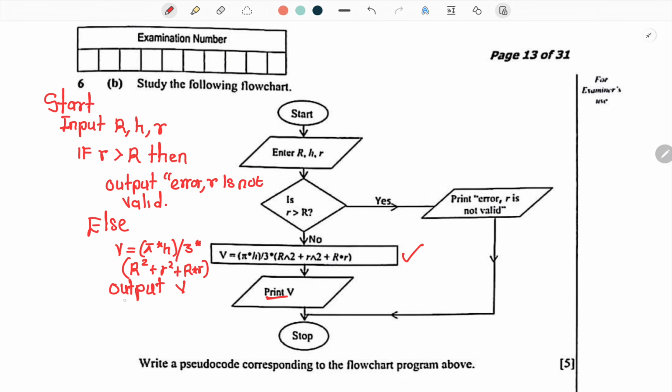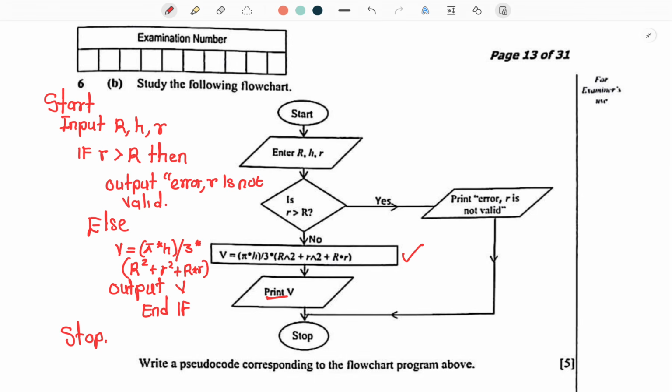End if. So end if, then you stop. So when you write it like this, the examiner has no choice but to mark you, because what you have written is very much correct.